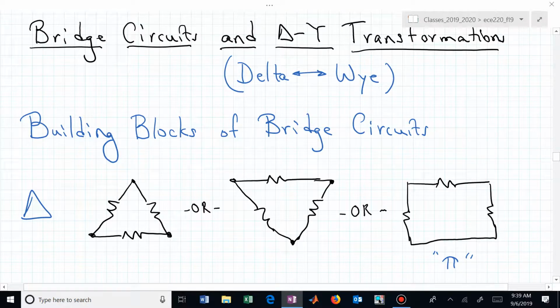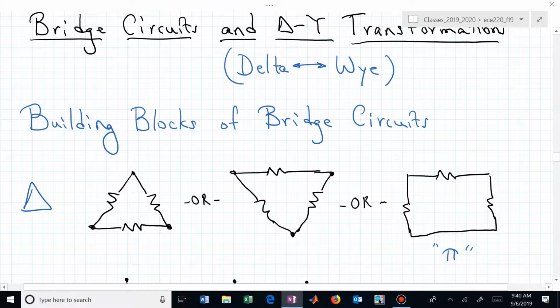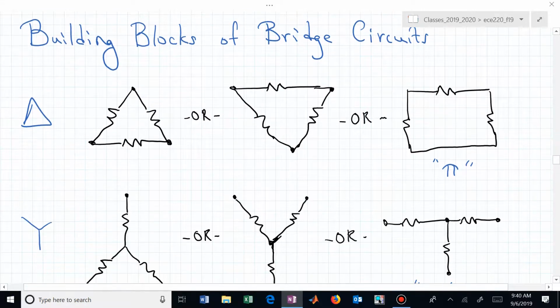Or, instead of that node being a point in the middle diagram, if you simply expanded that node out and made the far right diagram, do you see now you have this pi circuit? So you might hear this called a delta, you might hear it called a pi. But I hope you can see that they are related.